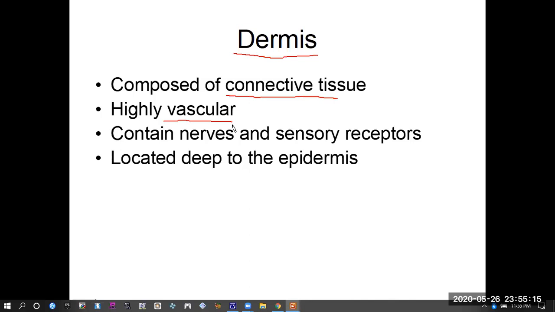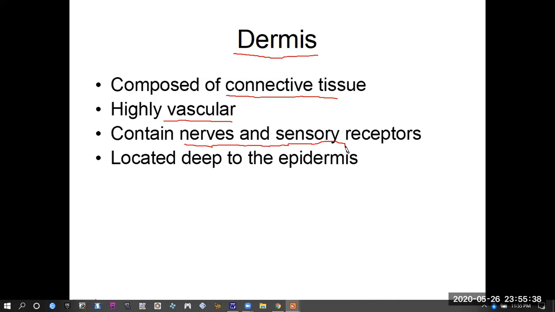We now have the blood supply in this area. And this is where we find the organs of the skin. So the major nerve structures and sensory receptors, glands and hair follicles, they develop within the dermis, and they then, of course, extend out to the surface in some cases.